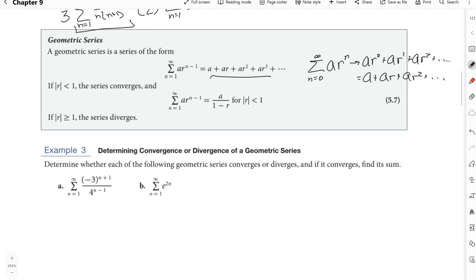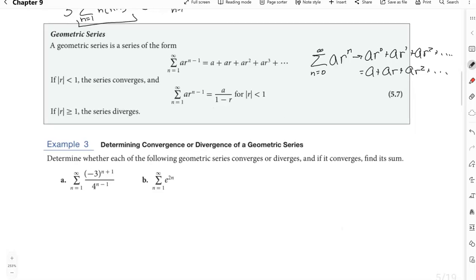You can see how that's producing the same terms. So depending on the book, you may see this starting at 0 or at 1. Either way, it's going to work the same way.